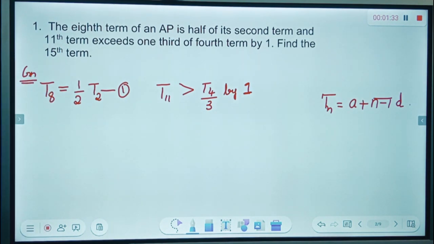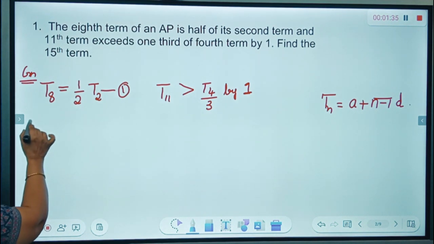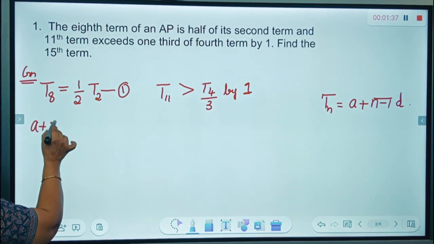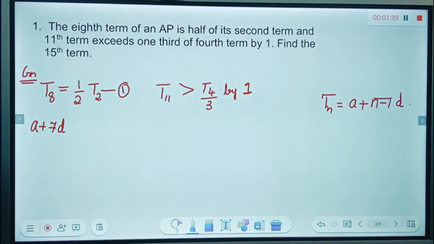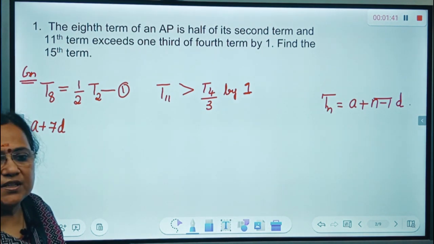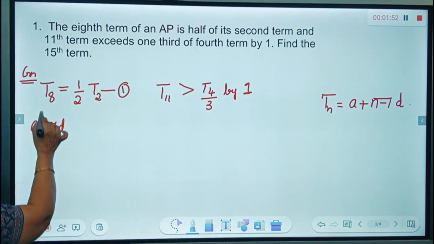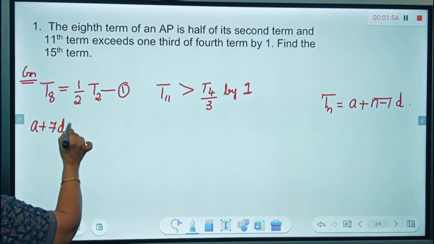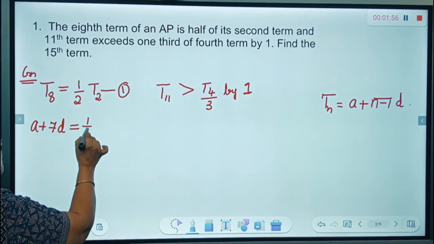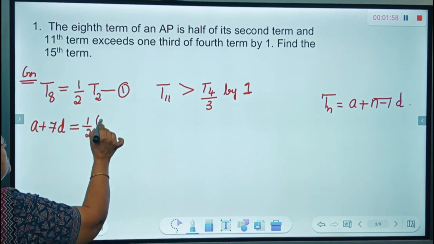So the 8th term is half of T2. What is the 8th term? A plus 7D. If A is the first term and D is the common difference, then the second term is A plus D, the third term is A plus 2D, etc. The nth term is A plus n minus 1 into D. So the 8th term is A plus 7D, which is equal to half of the second term. What is the second term?